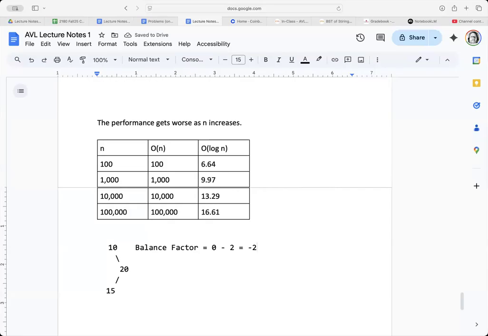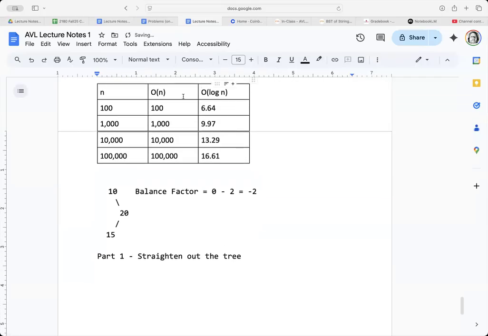Okay. And the way that we rotate this, it's two-part. So part one, I like to refer to as straighten out the tree, even though it breaks the rules of a binary search tree. We do this basically by, we're still going to have the 10.